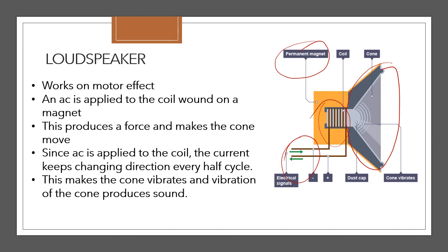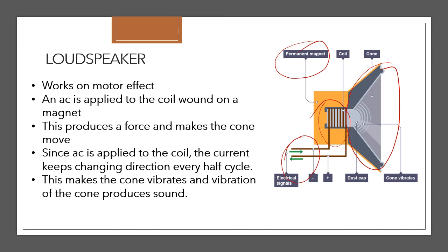Whatever sound energy you're giving to it, the microphone produces current proportional to that sound energy. And since the diaphragm moves forwards and backwards, the current produced will also keep changing direction, or you get an AC there. This electrical energy, or the AC produced, then goes to the loudspeaker.